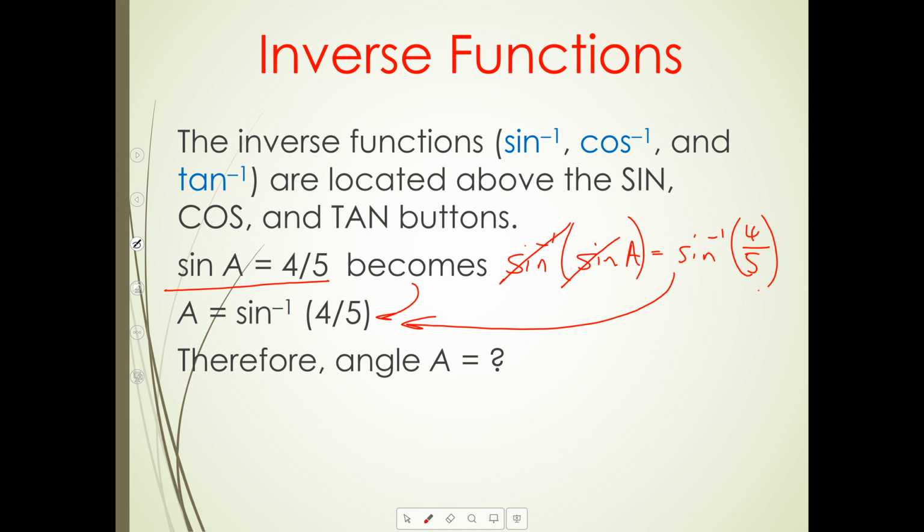Then this, you type in your calculator. Not the sine function, that's an inverse sine function. So inverse sine of 4 divided by 5, close parentheses. Parentheses become important here. And you get 53.13.